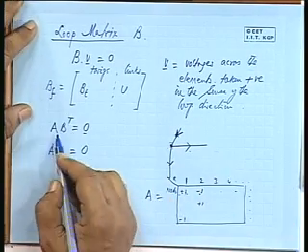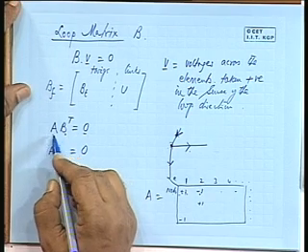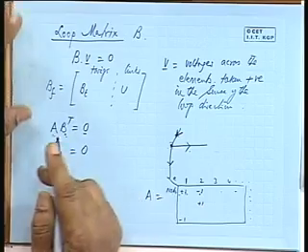Now, we have also discussed this product A into B transpose equal to 0. When you consider a particular node and a corresponding loop, there can be only two elements which can come into play in a particular loop.